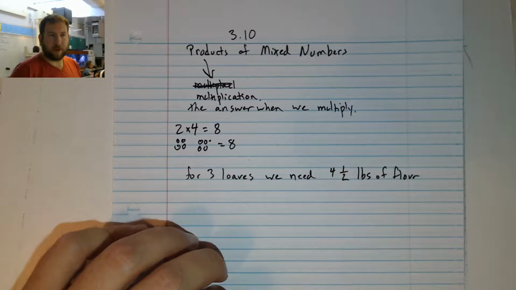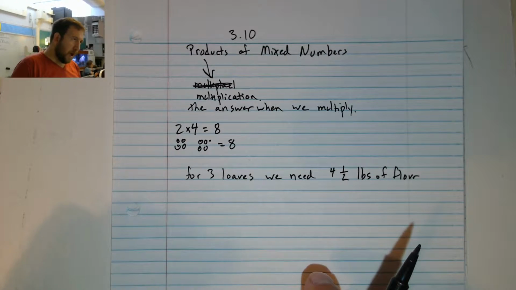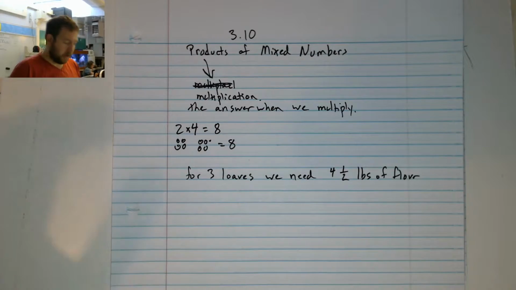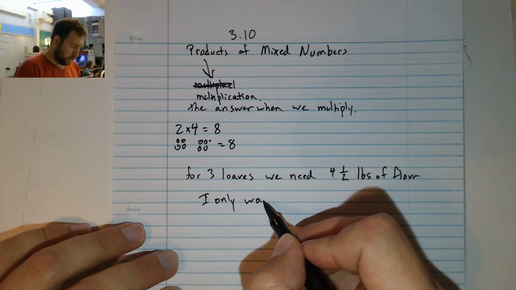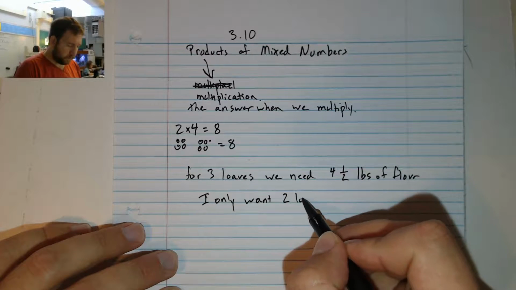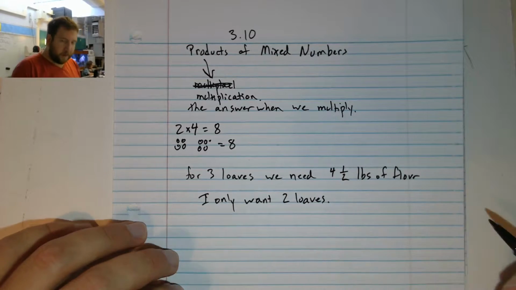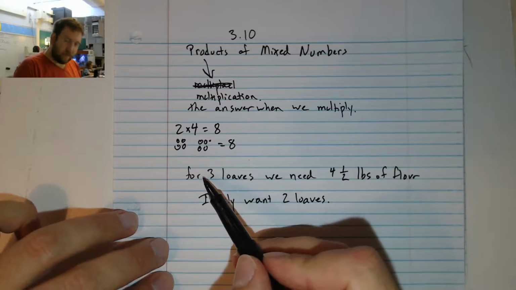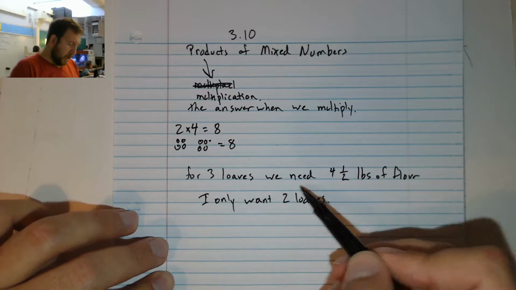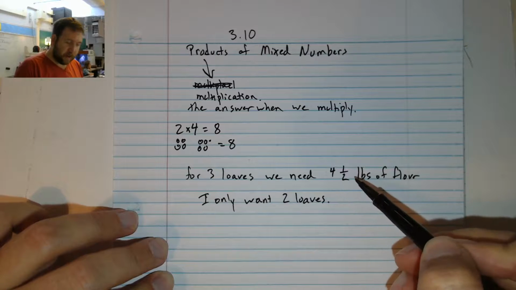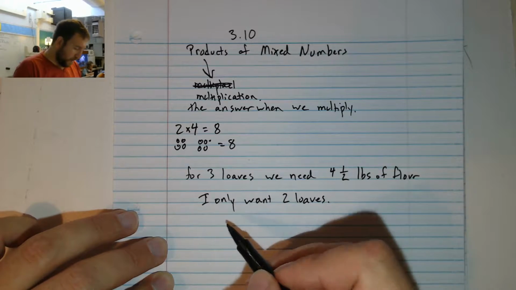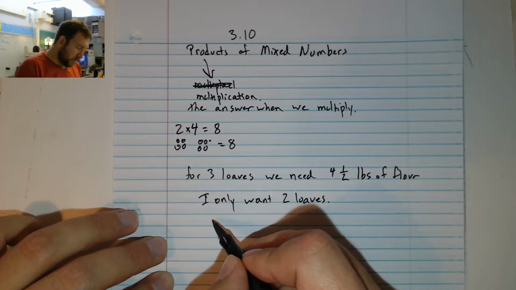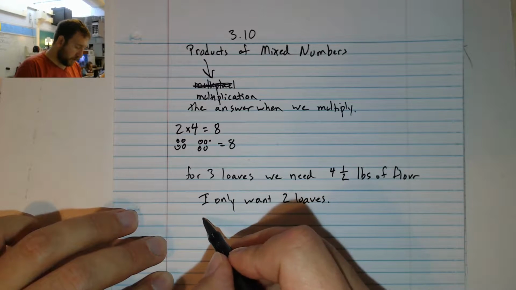But I don't want 3 loaves. So instead I'm going to be making 2 loaves. So the question is, if I have a recipe for 3 loaves, but I only want 2 loaves, but I know that 3 loaves needs 4.5 pounds of flour, then I need to know how much flour for 2 loaves.